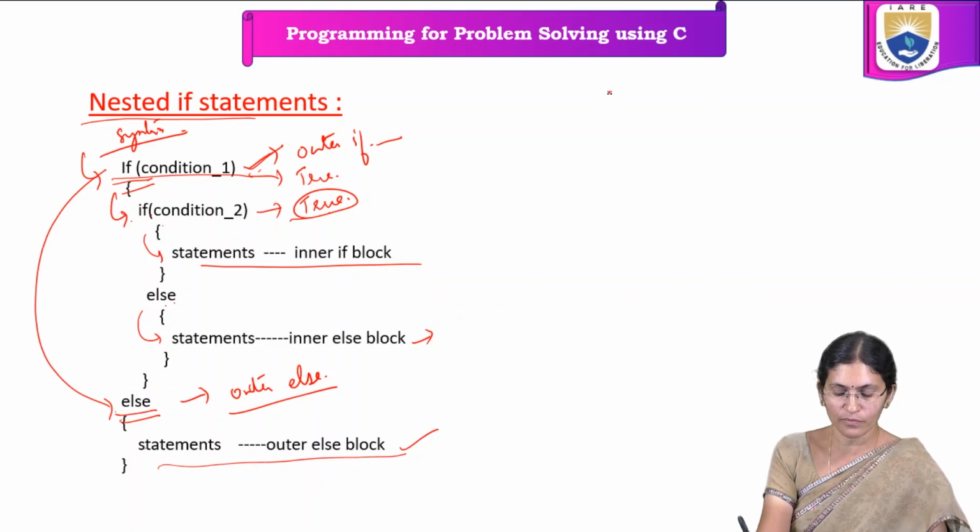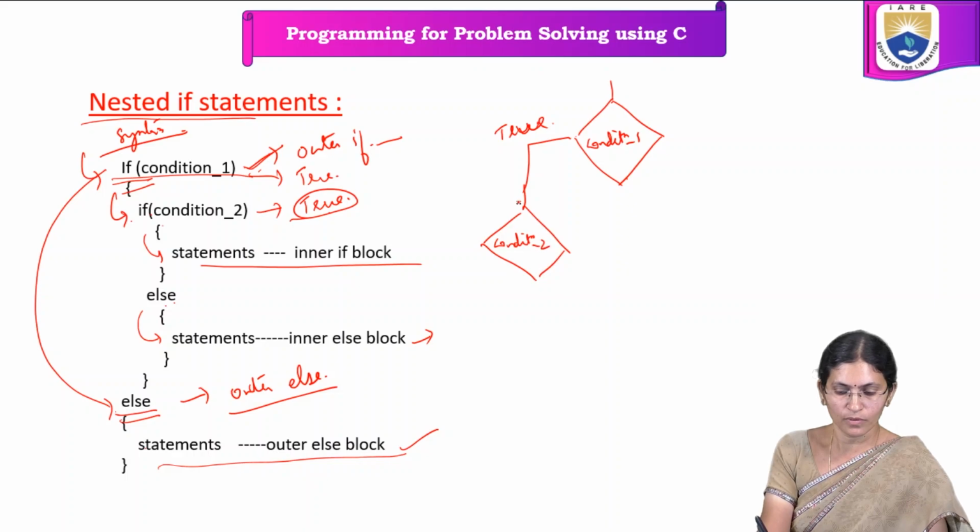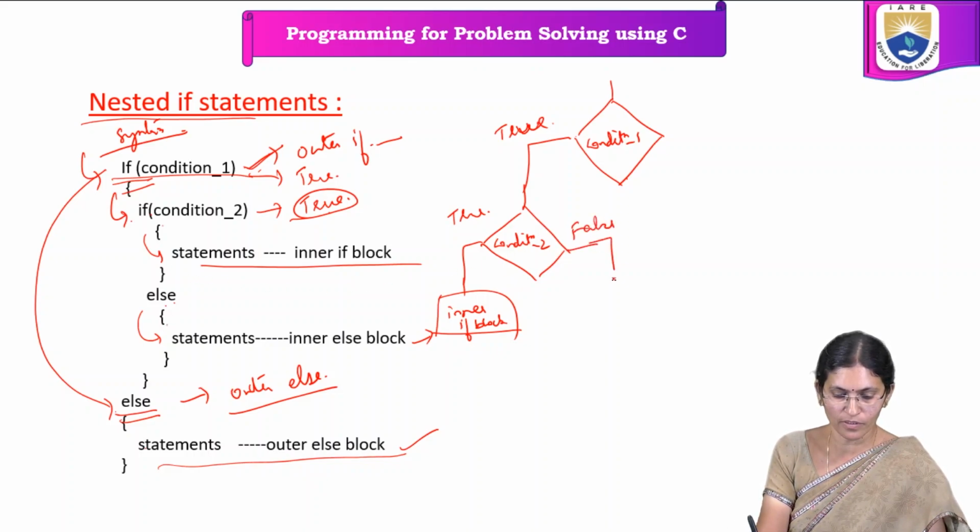So we can understand the flow with the help of a flowchart. Here it will check the condition. Condition 1 is checked. If it is true, then it will check another condition, that is condition 2. If this is also true, then the statements inside the inner if block are executed. If it is false, we have written the else part also, so the statements inside the inner else block are executed.